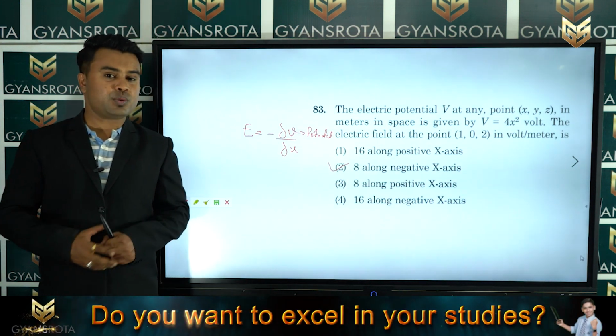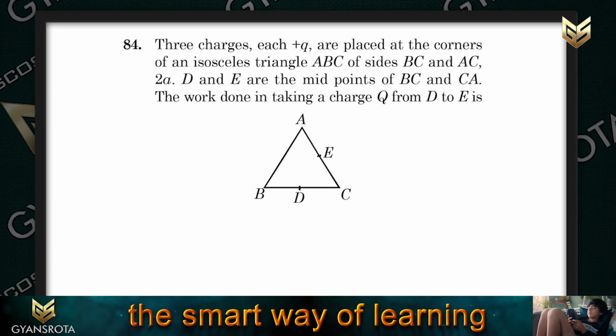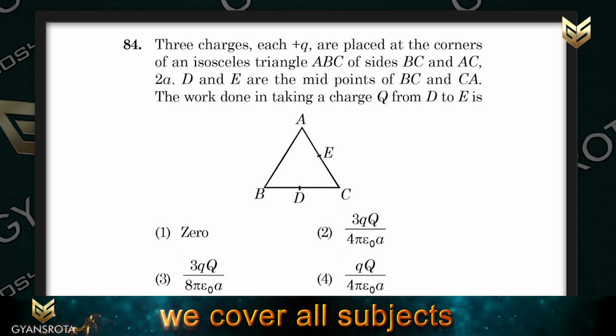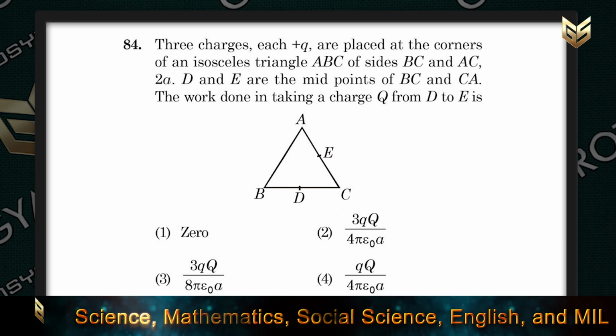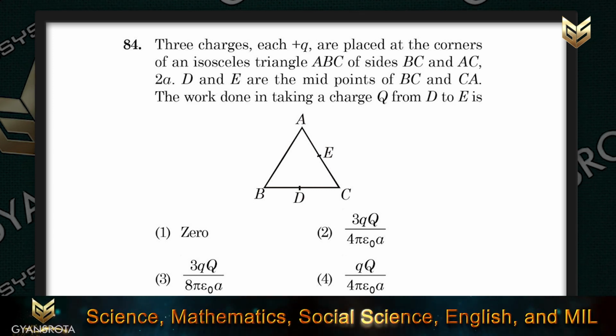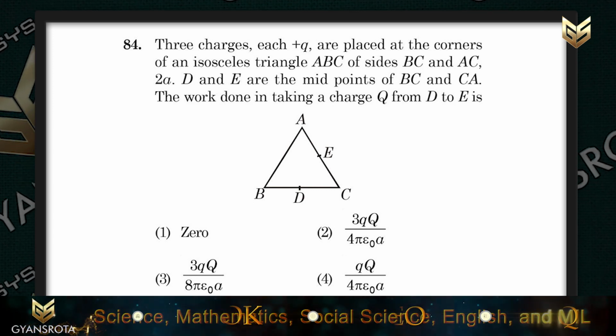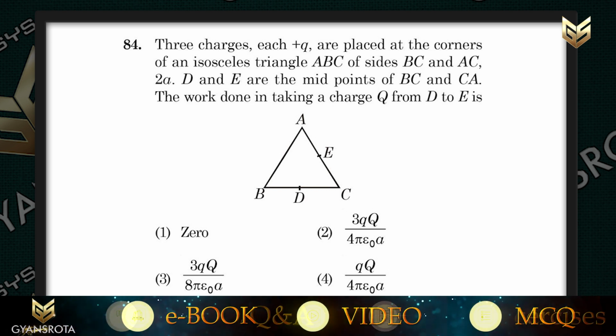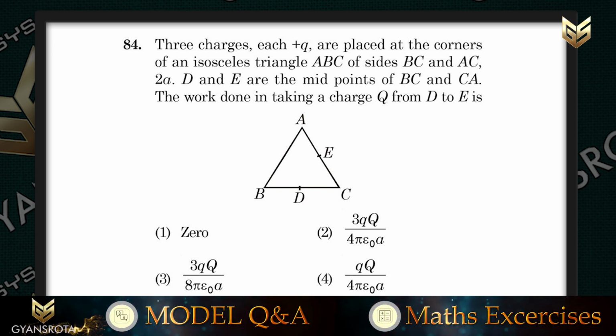Now let us move to the next question, that is question number 84. 3 charges each plus q are placed at the corners of an isosceles triangle ABC of side BC, AC, okay, of twice a. D and E are the midpoints of BC and CA. The work done in taking a charge q from D to E will be how much?